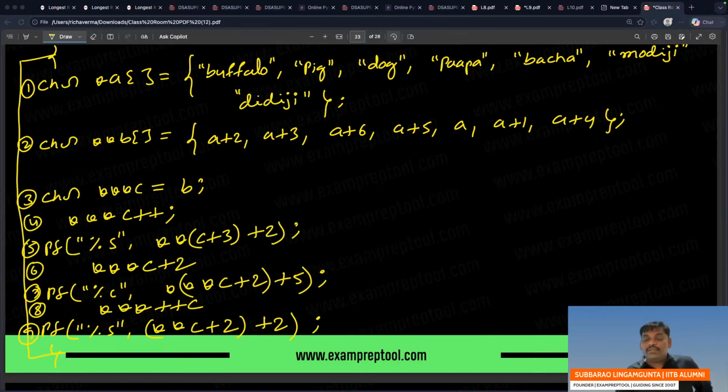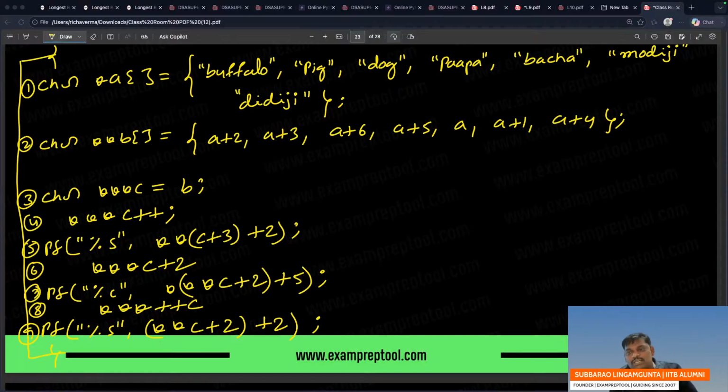This problem, listen, I'm saying very clearly, if you can handle this problem, you are perfect in total pointers. Some people are asking, sir, how do I know if I am perfect in pointers or not? At any point of time, if you get doubt whether you are okay in pointers or not, open this problem and check.